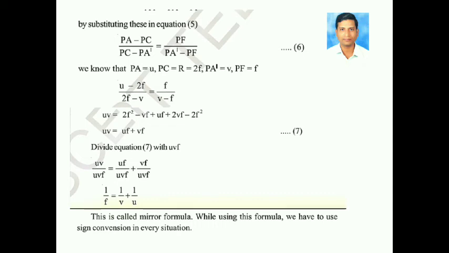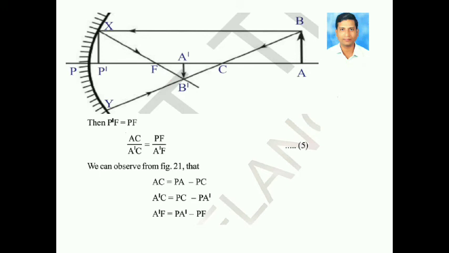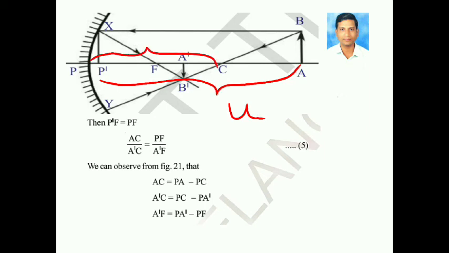We know that PA is equal to object distance u, PC is equal to radius of curvature, which is equal to 2f, PA dash is image distance v, and PF is focal length f.